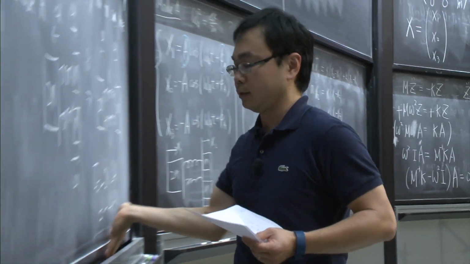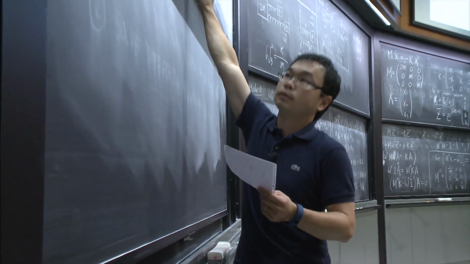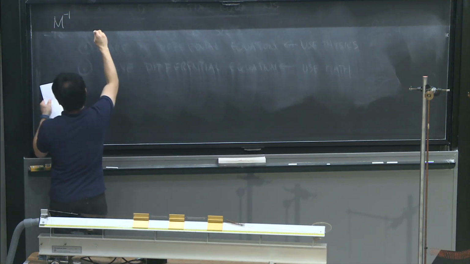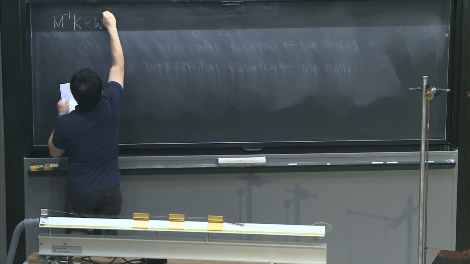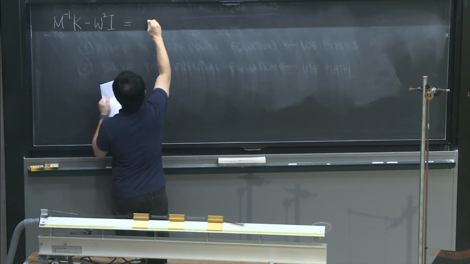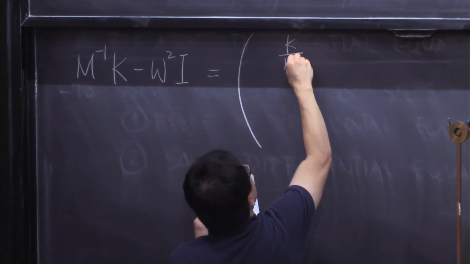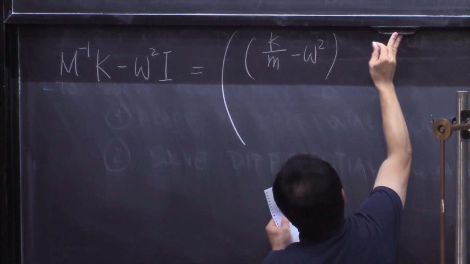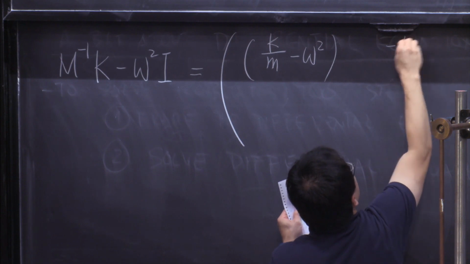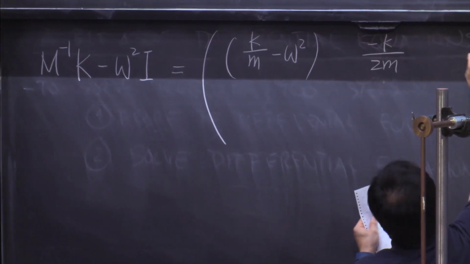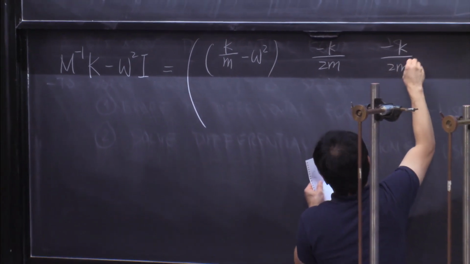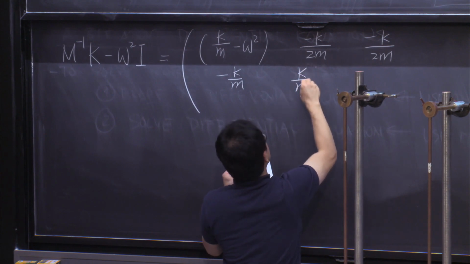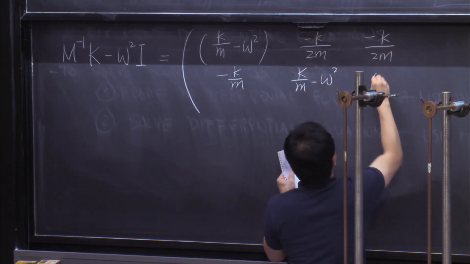Therefore, now I can write down the explicit expression of n minus 1k minus omega squared I. Okay, this will be equal to k over m minus omega squared, minus k over 2m, minus k over 2m, minus k over n, k over n minus omega squared, 0.